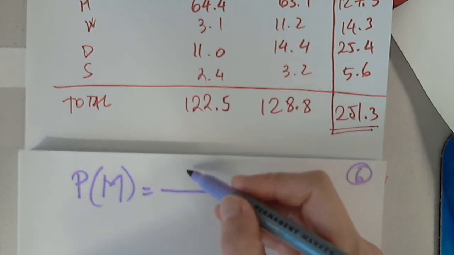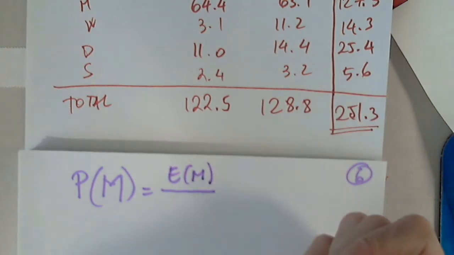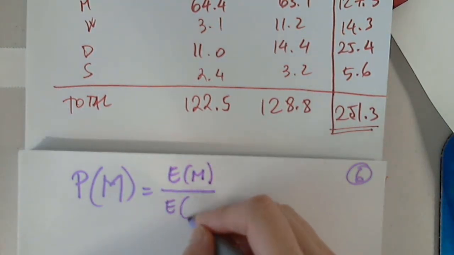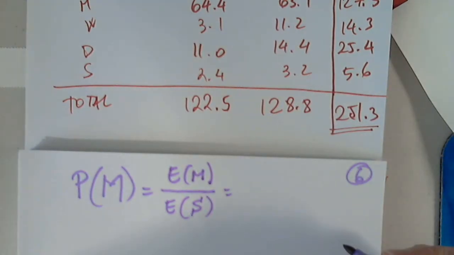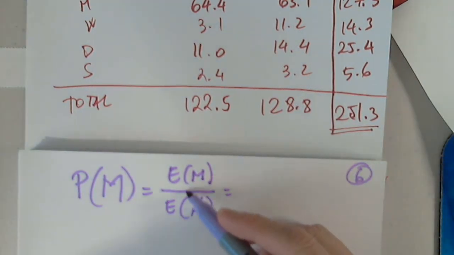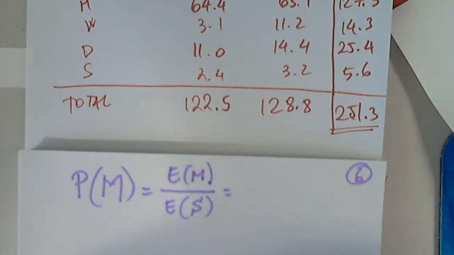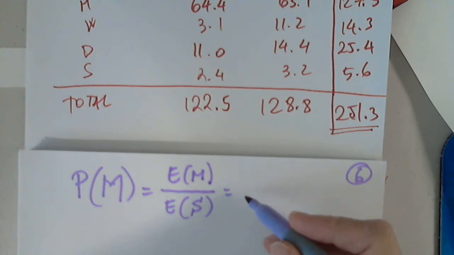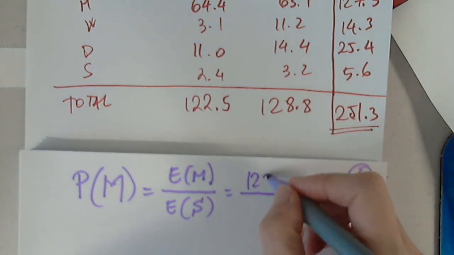So how many options do we have for event M? And how many do we have for the total, for the sample space? Outcomes, this is not probabilities. So how many are males in the whole study? 122.5. Great job.